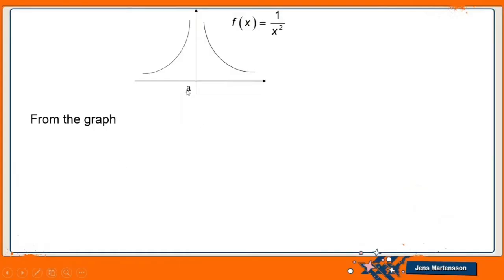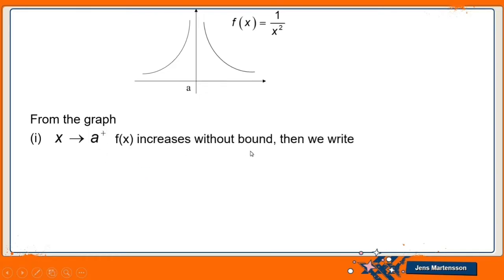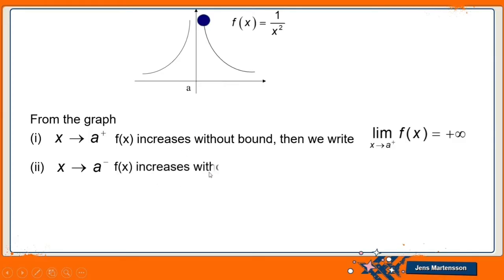Okay, from the graph we can see that when x approaches a from the right, f(x) increases without bound. Then we write limit f(x) when x approaches a from the right equals positive infinity. Number 2, when x approaches a from the left, f(x) increases without bound.